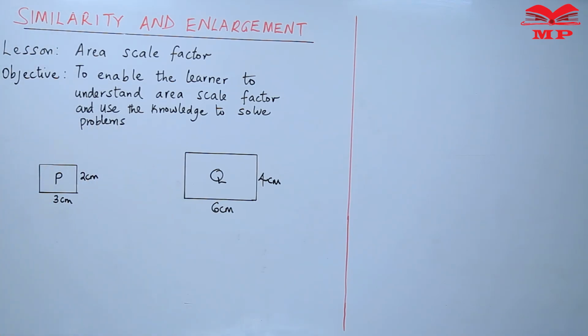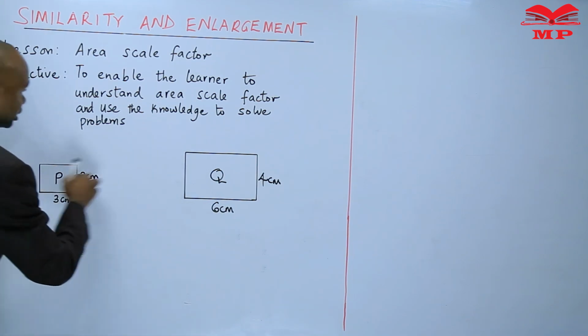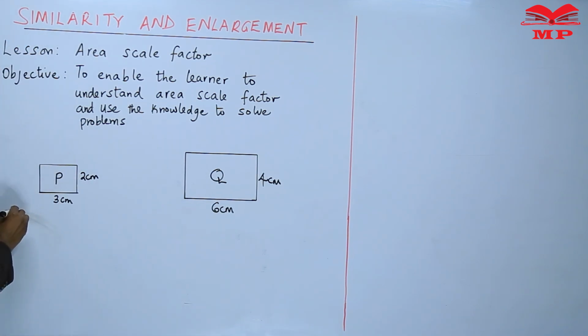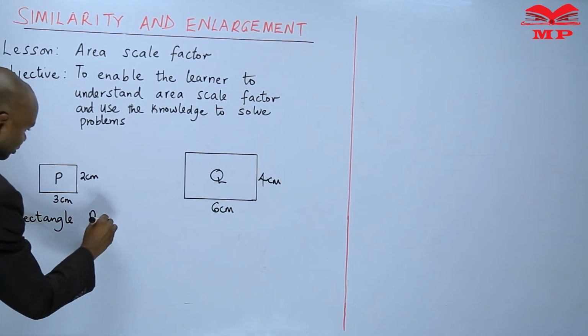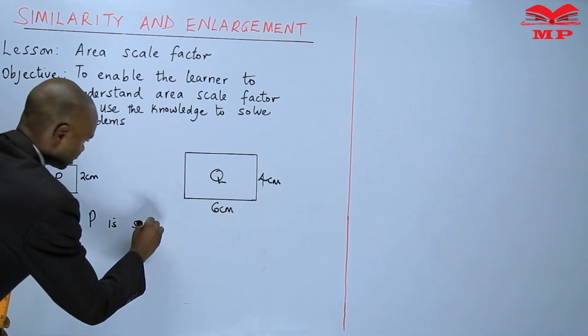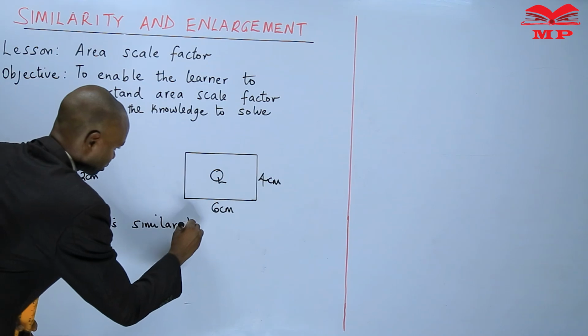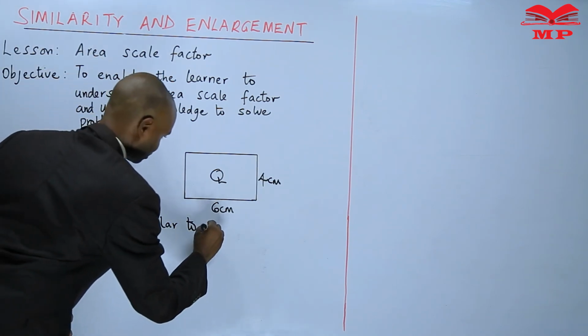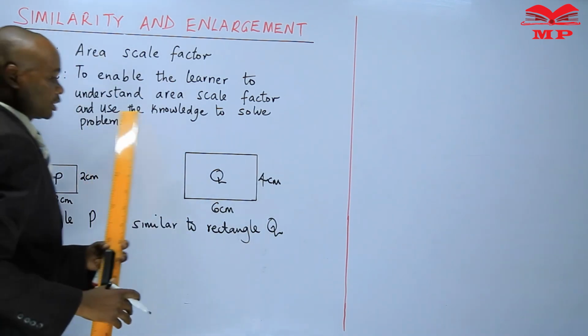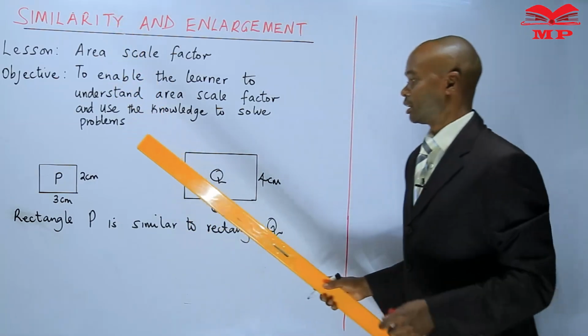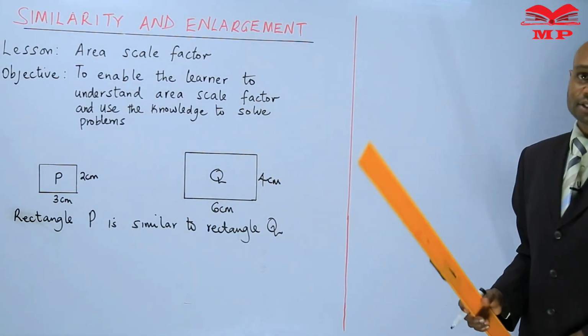So there is a condition given. Not triangle, sorry, we are looking at two rectangles, P and Q. The condition is that rectangle P is similar to rectangle Q. We've already mentioned in earlier lessons about corresponding ratios of corresponding sides being equal.